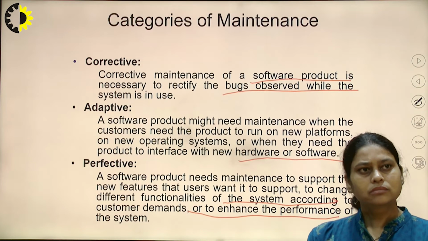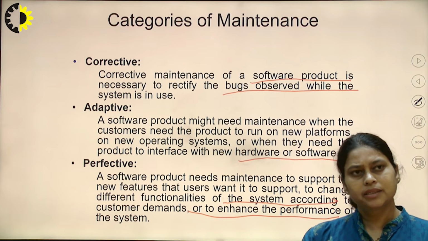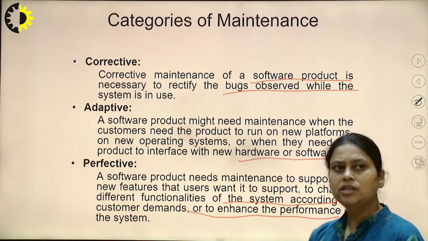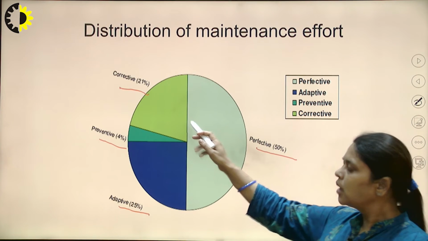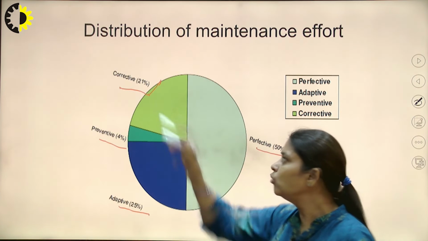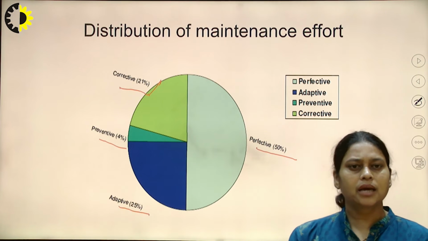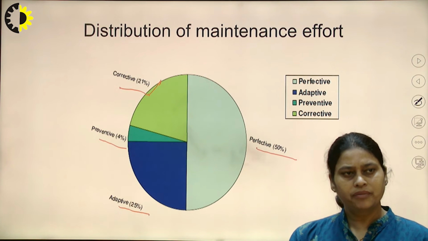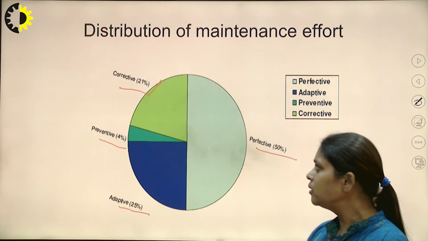So, the corrective maintenance percentage is 21%. It means there's a 21% chance that we have to fix some errors in the existing software.